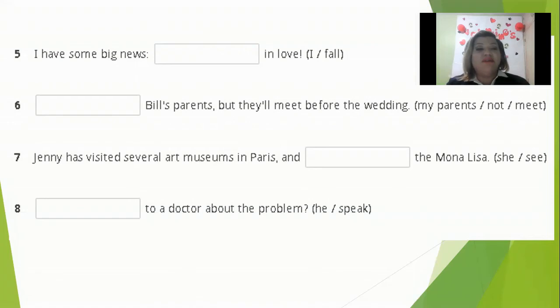Sentences 5, 6, 7, and 8. Number 5, it says, "I have some big news. in love." And we have in parentheses, I, fall. Number 6, we have the statement, "Bill's parents, but they met before the wedding." And we have in parentheses, my parents, not met.